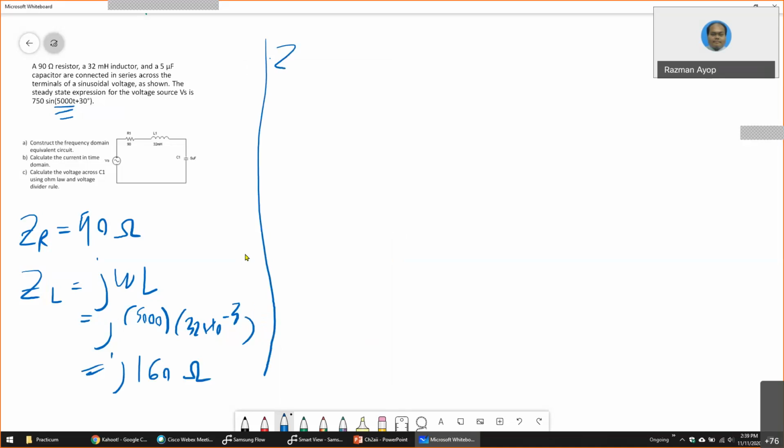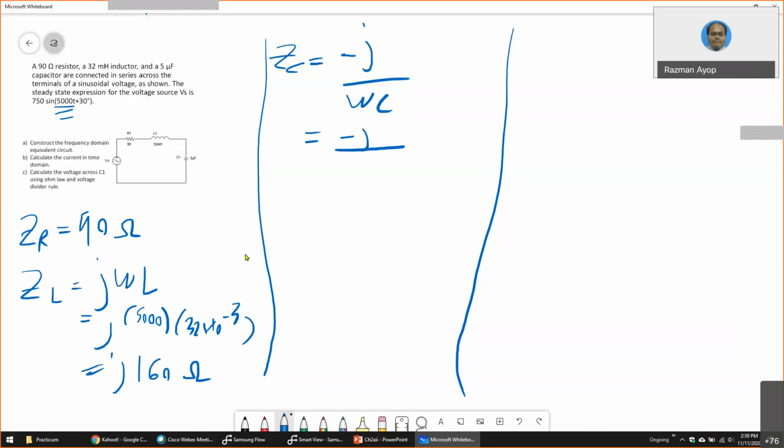How about ZC? ZC is negative J divided by WC, equals negative J divided by 5,000 times C, where C is 5 multiplied by 10 to the negative 6. What is the answer?